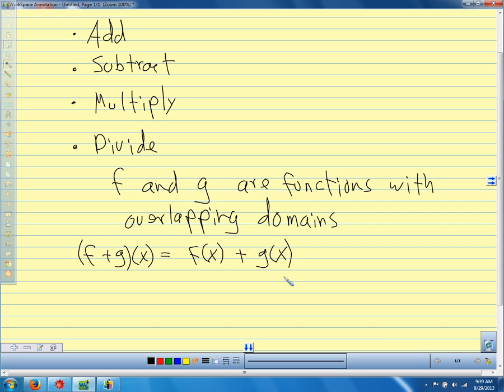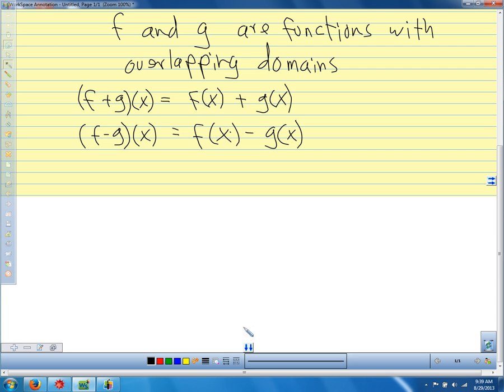We're just combining like terms. Same thing for subtraction. F minus g of x, we're just subtracting. And then multiplying, f times g.